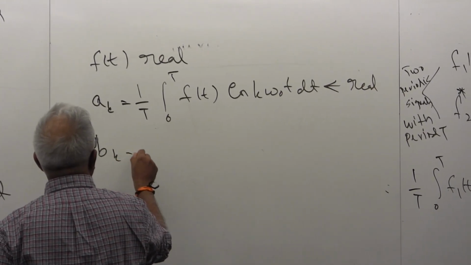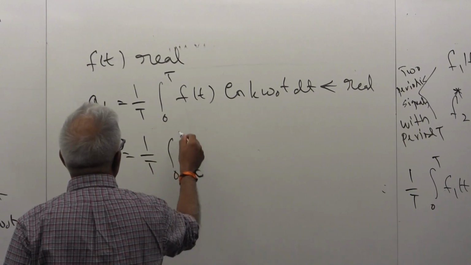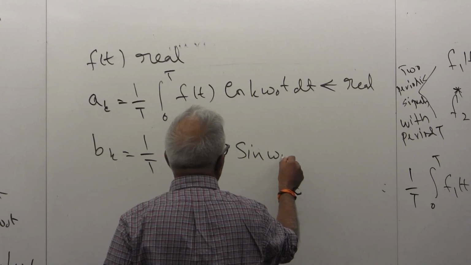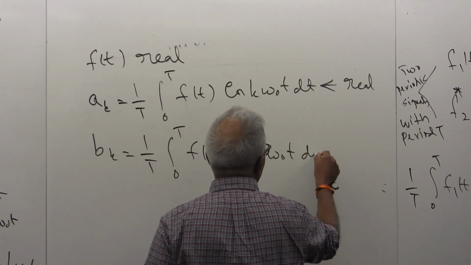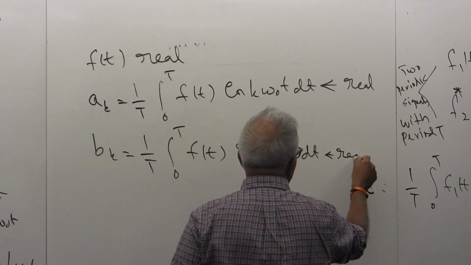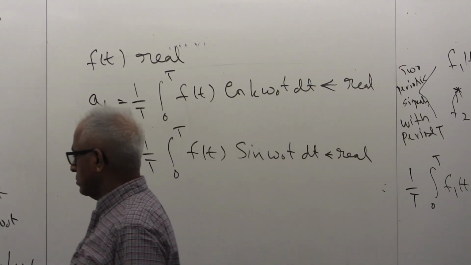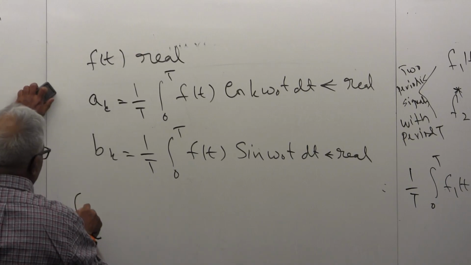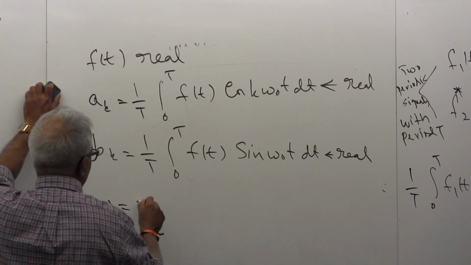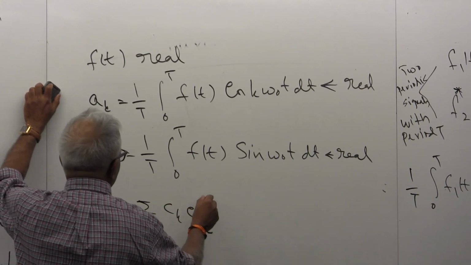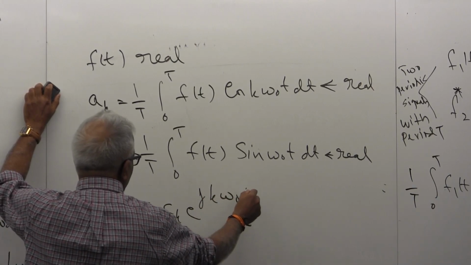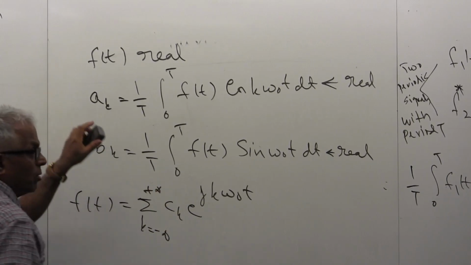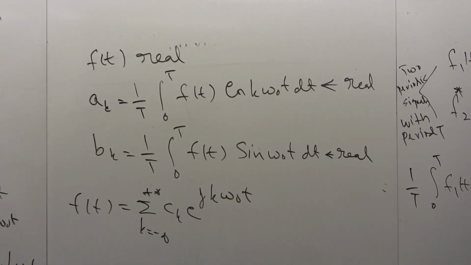And Bk, which is 1 over T... Okay, you have to pay attention here. I'm going to do a little bit of manipulation here. Look here. I took the original expression.